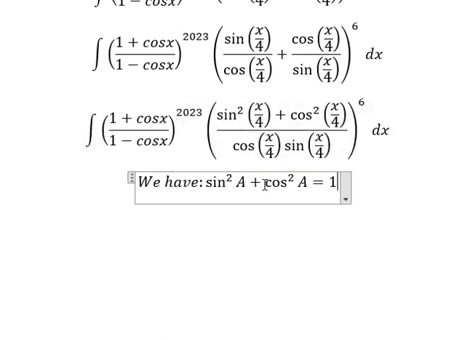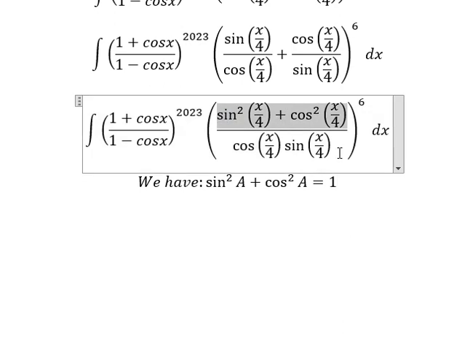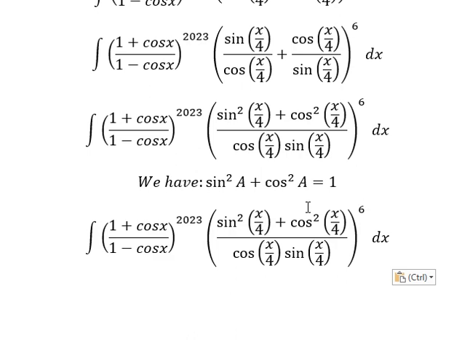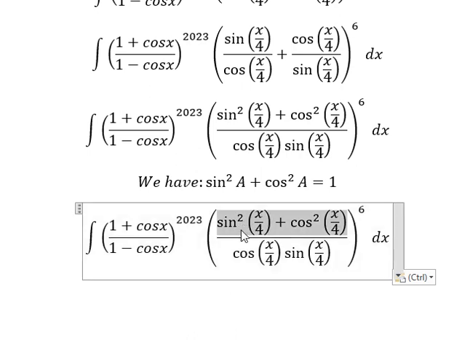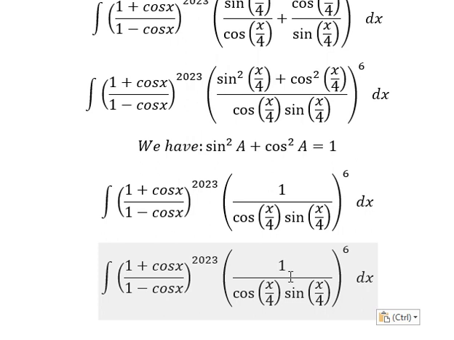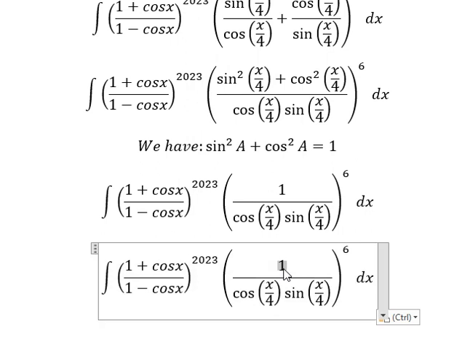Sine a squared plus cosine a squared equals 1, so this one we change to 1. Next, we need to multiply by 2 on the numerator and denominator.